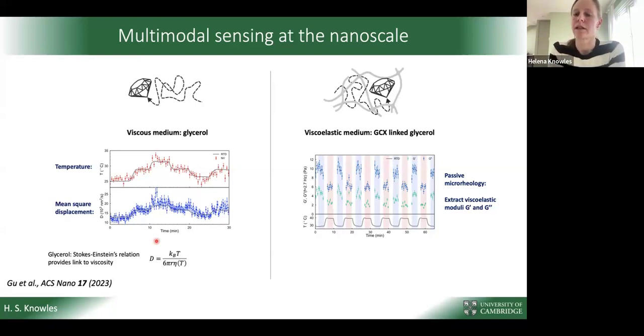We can then move to a slightly more complex, still model system. So this is glycerol cross-linked xanthan, which has more of an elastic, stretchy structure and a more interesting temperature dependence. So you can see here, we can use this mean square displacement data to extract the viscoelastic moduli, G prime and G double prime. And basically what they tell you is how viscous and how elastic the system is.